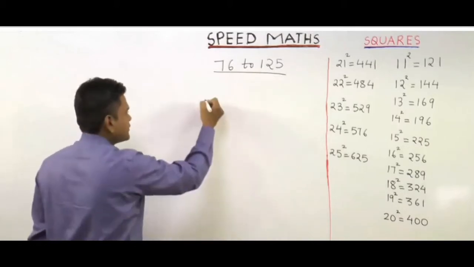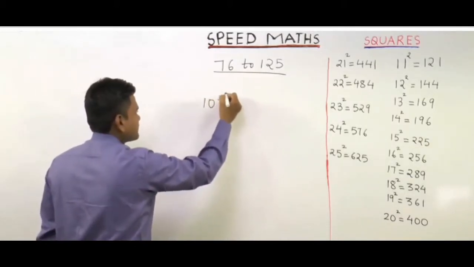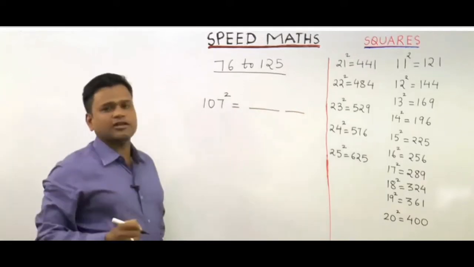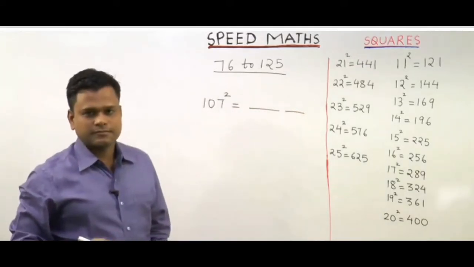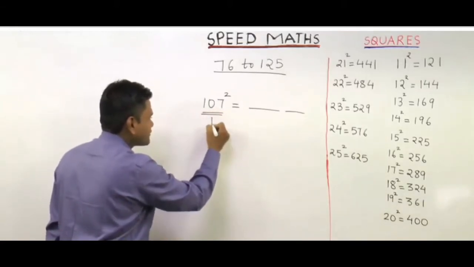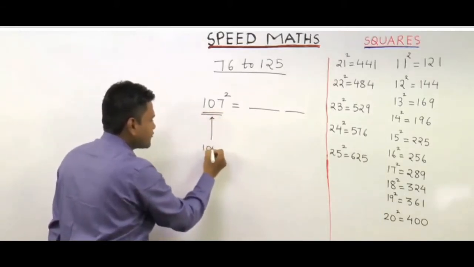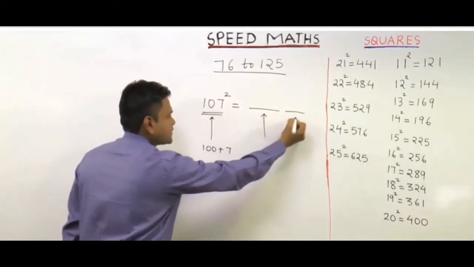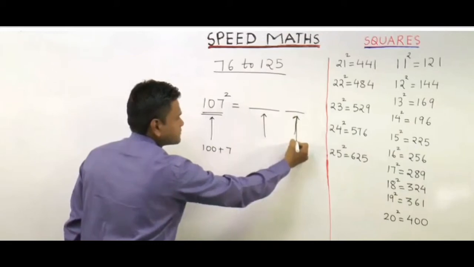Let's take a number, maybe 107 square. How much more than 100 is this number? 107, we can say that this number is 100 plus 7. So all we have to do here, there are two blanks.